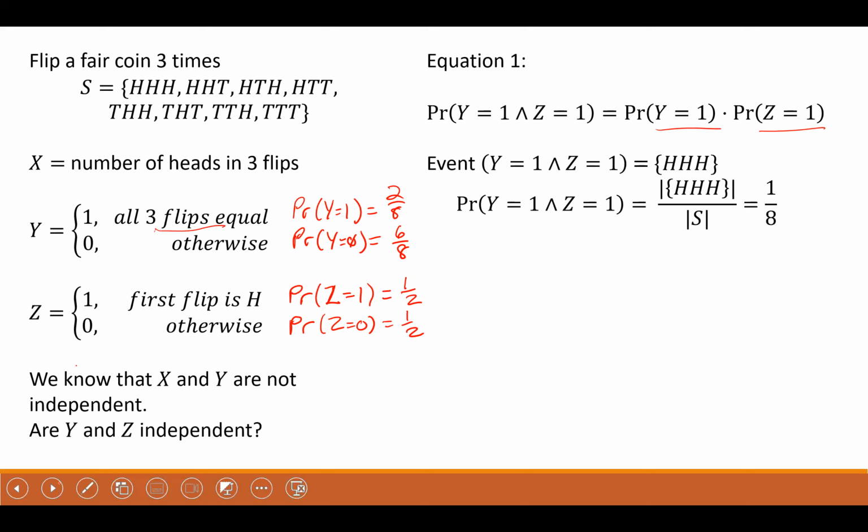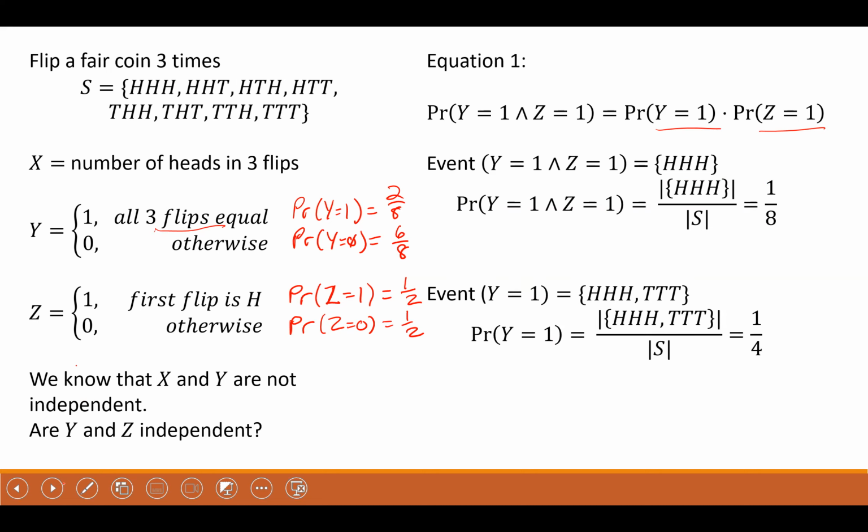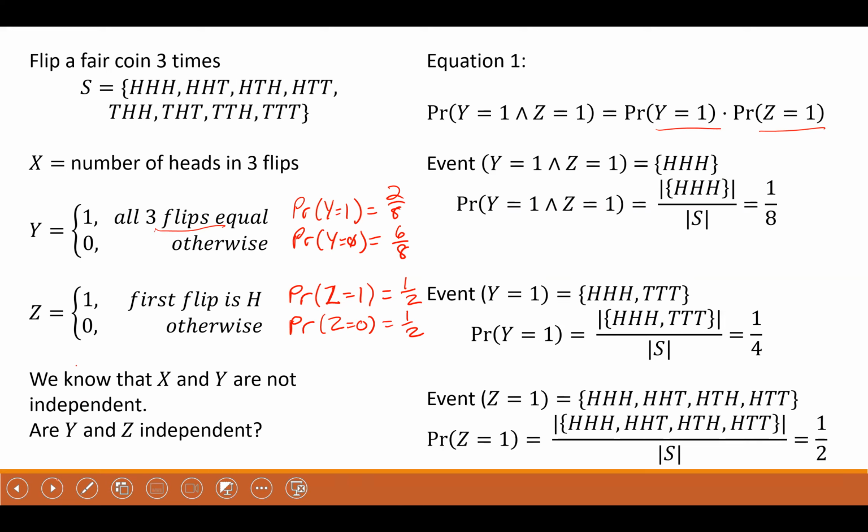And then the probability that y equals 1 is 1/4, right? Or 2/8, however you want to say it. And the probability that z equals 1 using the formal method is 4/8 or 1/2.